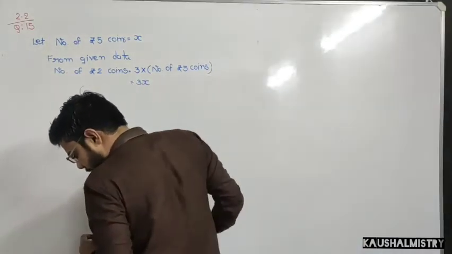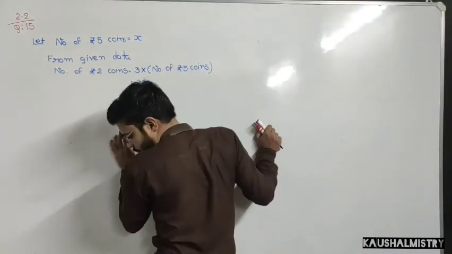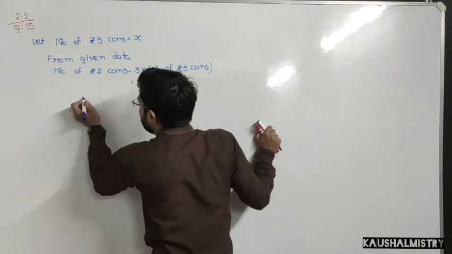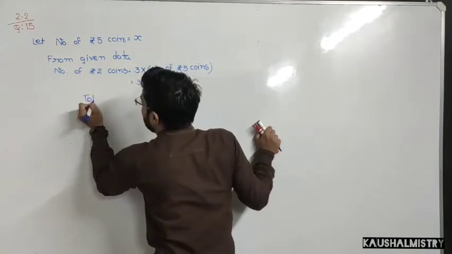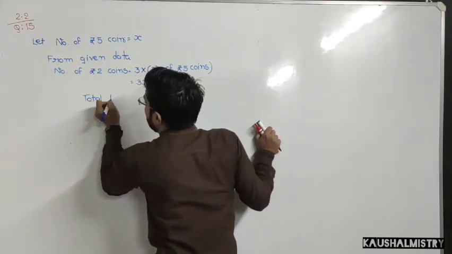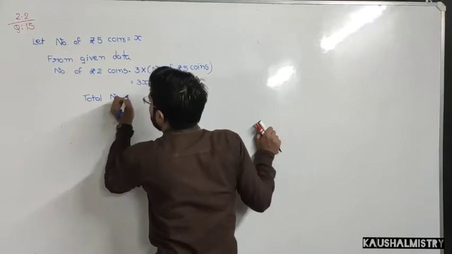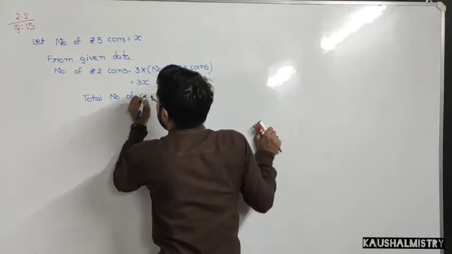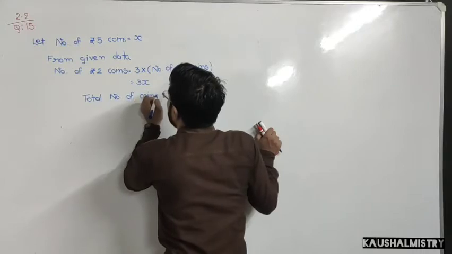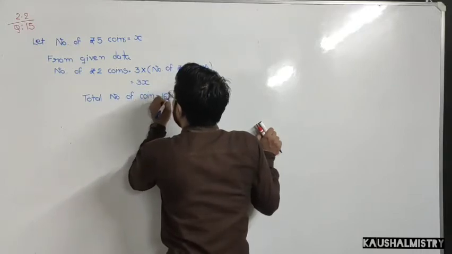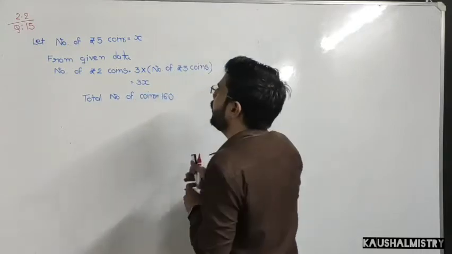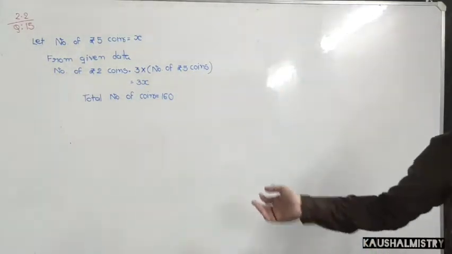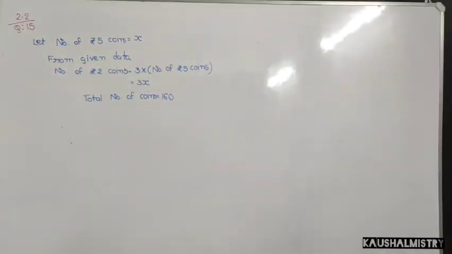Total number of coin will be equal to 160. That means total number of coin is 160. मतलब number of 5 rupee coin plus number of 2 rupee coin plus number of 1 rupee coin is equal to how much? 160.